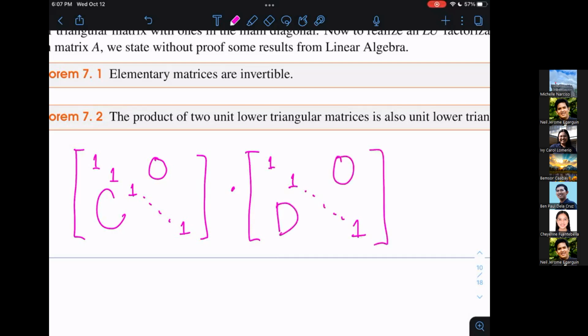Tapos, so 0 siya sa ibabaw ng diagonal, tapos posibleng may non-zero entries dun sa ilalim ng diagonal. And then, ang sabi ng Theorem 7.2, which I think can be proven using exhaustive multiplication, ay unit lower triangular pa rin daw. So if you perform this matrix multiplication, makukuha pa rin natin na isang lower triangular matrix. Okay? Isang unit lower triangular matrix.